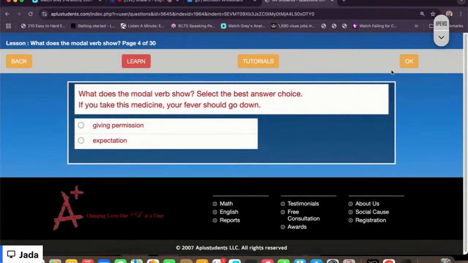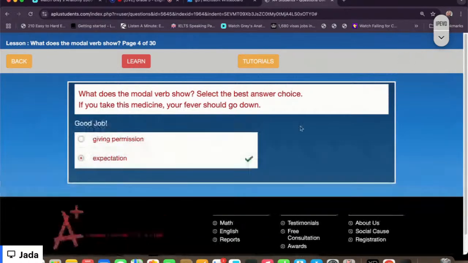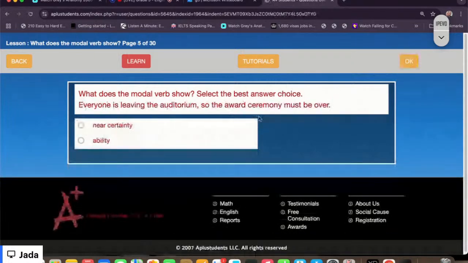All right, so we have what? Expectation. Okay. Everyone is leaving the auditorium, so the award ceremony must be over. Necessity or the ability? What do you think?